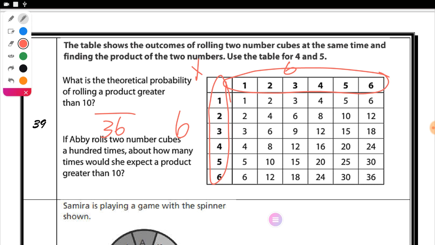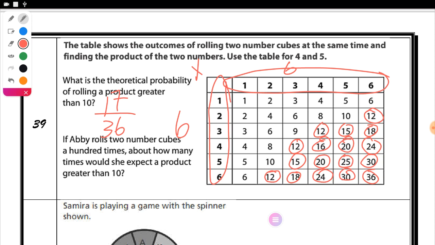Start from here: 1, 2, 3, 4, 5, 6, 7, 8, 9, 10, 11, 12, 13, 14, 15, 16, 17. Yes, I have 17 over 36.